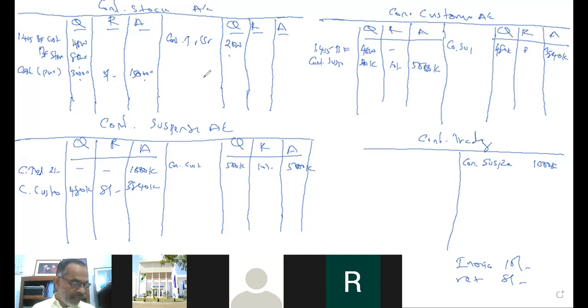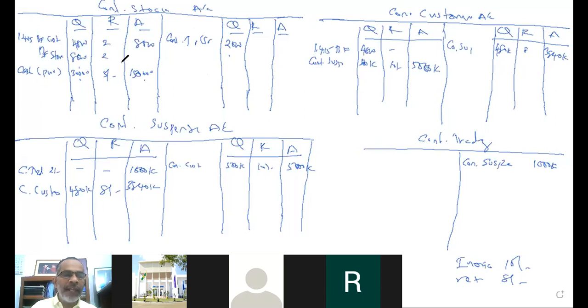If you look at here, all drums at 1 April 2015 were valued at how much? 2.5 rupees? 2 rupees. Therefore, 2 rupees, opening date 2 rupees.